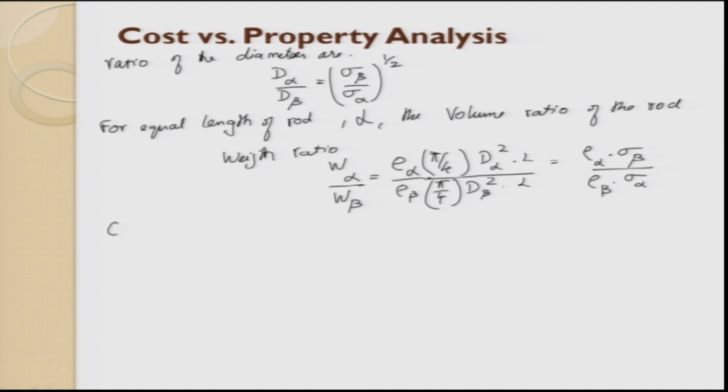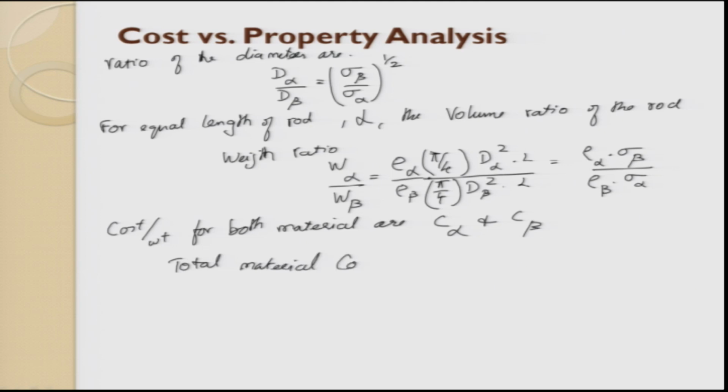So assuming the costs per unit weight for both materials are C alpha and C beta, the total material cost ratio T alpha by T beta is nothing but C alpha W alpha by C beta W beta, which again you can convert into density.